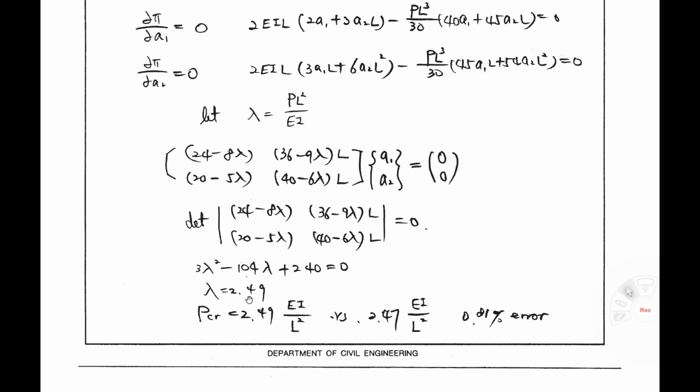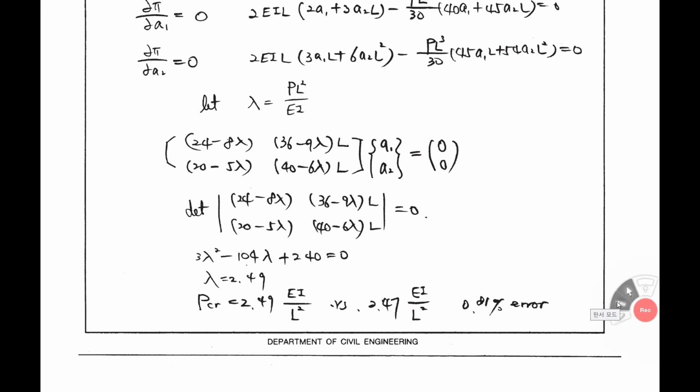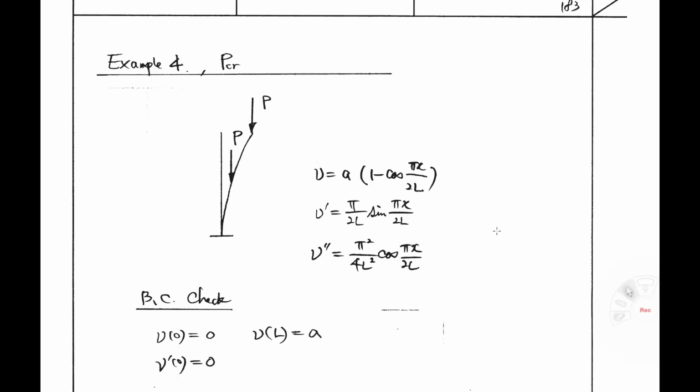And from this, your lambda value equals 2.49. So your PCR equals 2.49 EI over L squared. If you compare to the exact solution, it shows 0.81% error. You get a better result. Let's go to example 4.